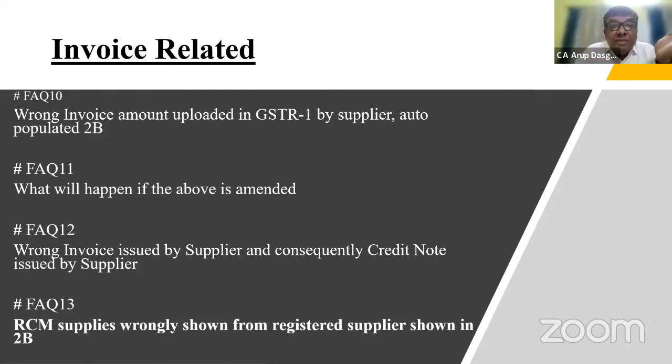But since he's doing it from SAP, he does not have a provision to cancel the invoice. Or maybe he's done an e-invoice and the cancellation time is gone. So what he has done, the next day or maybe 2 days after that, is raise the credit note.